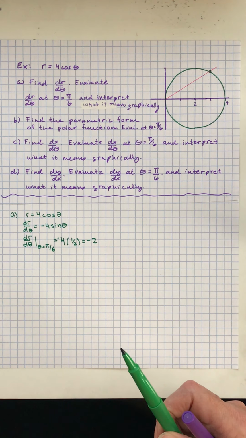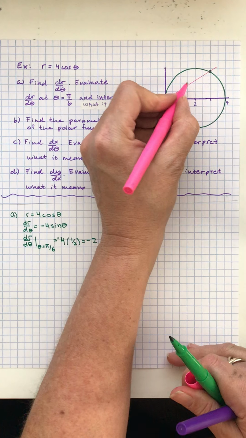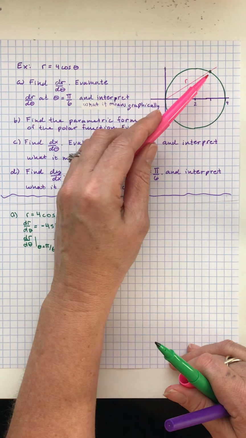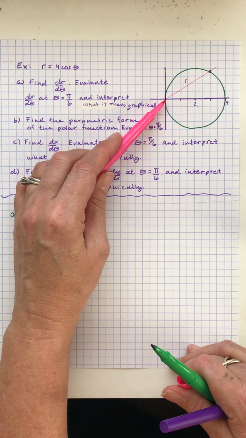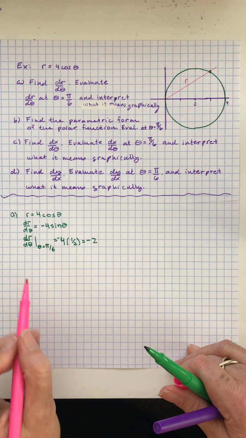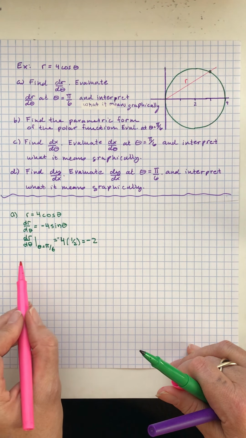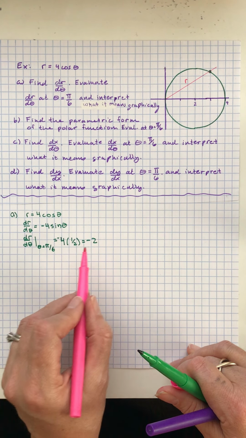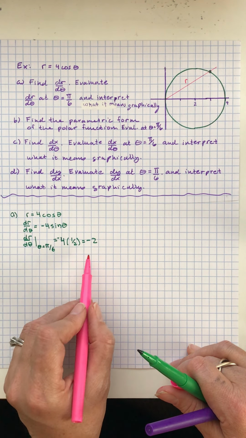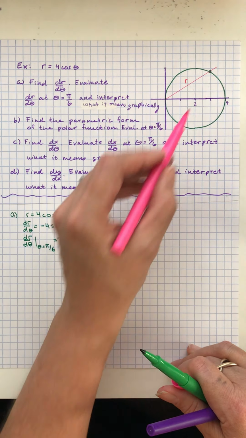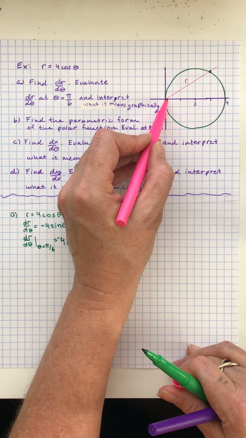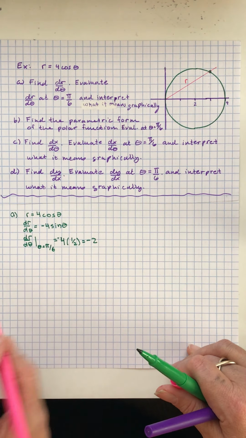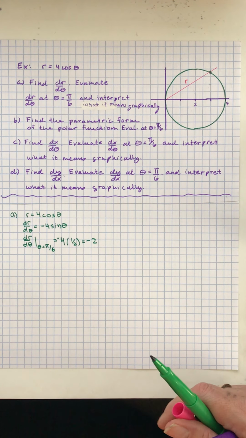This distance r is decreasing, and if r is decreasing, then the point on the graph is getting closer to the origin. So the interpretation would be: since dr/d theta is less than 0, the point on the graph is getting closer to the origin, or the polar function is getting closer to the origin when theta equals pi over 6.